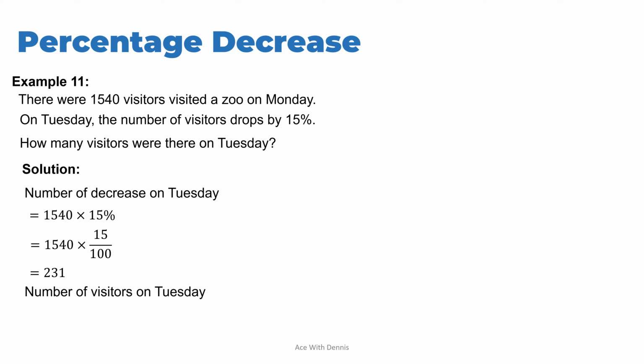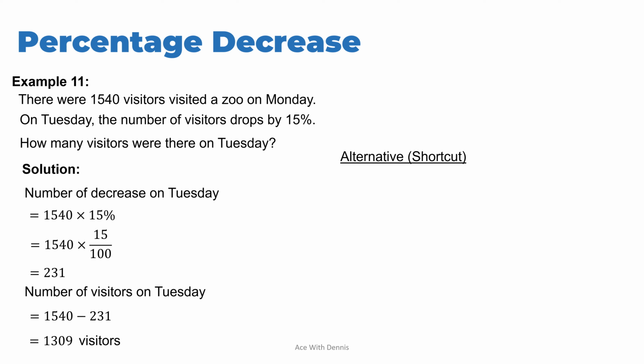The second step is to find the number of visitors on Tuesday, which is 1,540 minus 231, because the number of visitors drops by 15%. So the answer is 1,309 visitors. So this is the first method. There are two steps to do.